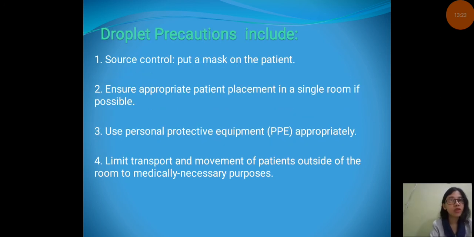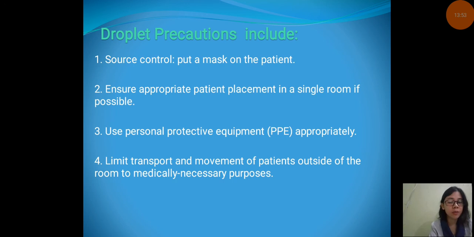So droplet precautions are used for patients known or suspected to be infected with pathogens transmitted by respiratory droplets that are generated by a patient who is coughing, sneezing, or talking. Like the airborne precautions, it's a little bit similar because it also includes putting a mask on the patient.